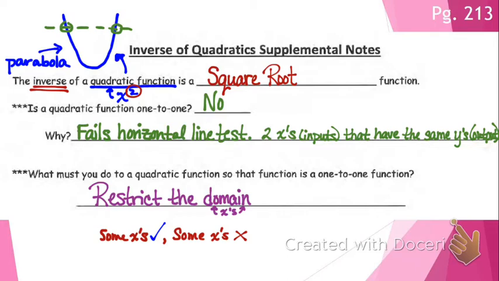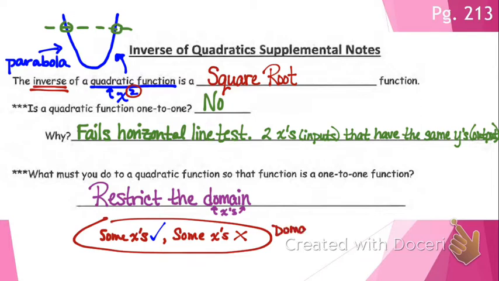If I can use some x's but not others, my domain will not be all real numbers anymore. So my domain is not negative infinity to positive infinity, because there's some x's that I can't have. We're going to look at those two graphs down below to learn how to restrict the domain.